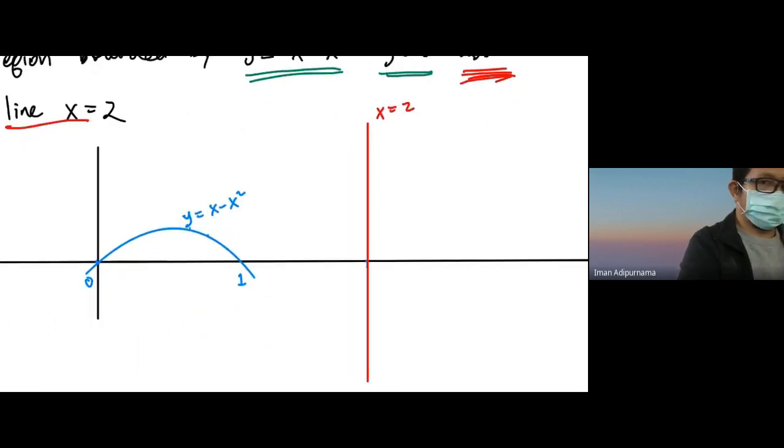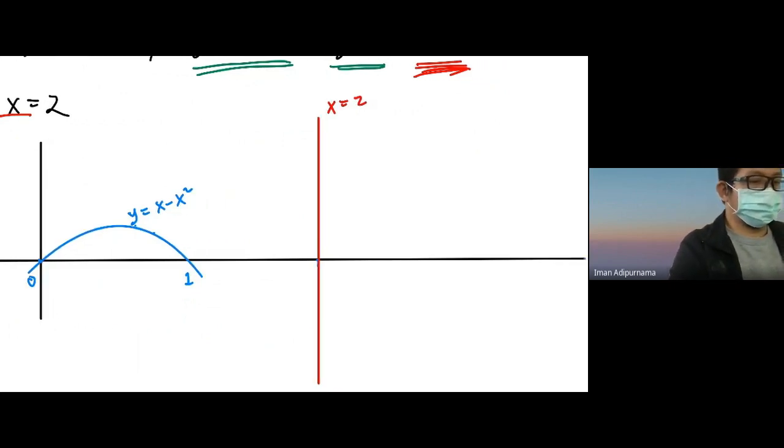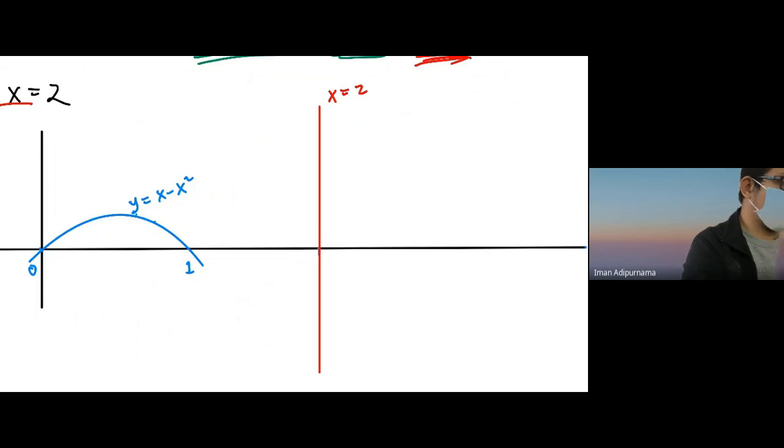We need to rotate the region about this line x equals 2. If you rotate, it's the same situation as when the cylindrical shell was first applied. If you use the other method, it won't work. So use the shell method.